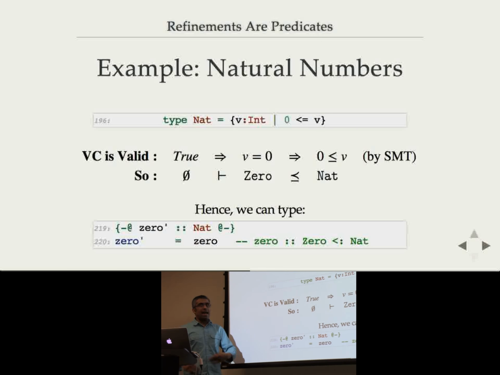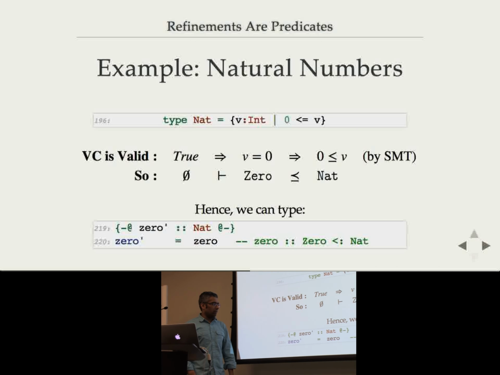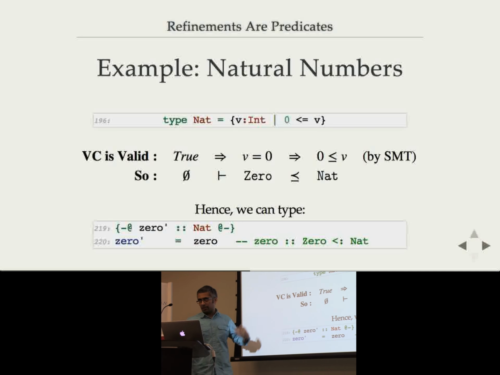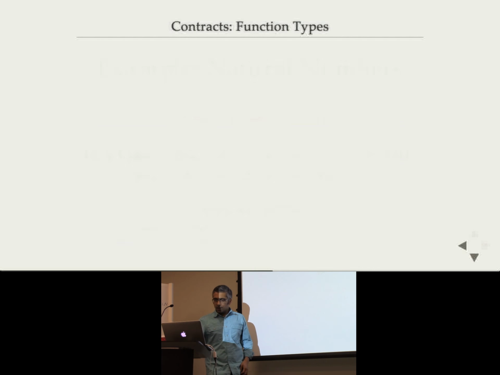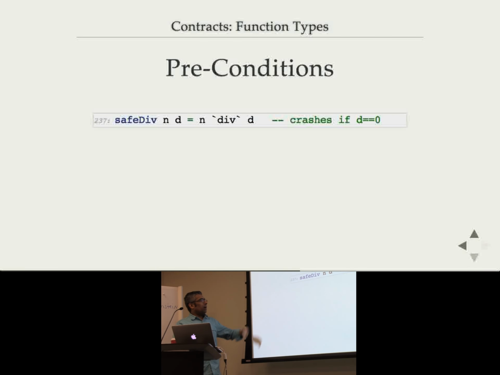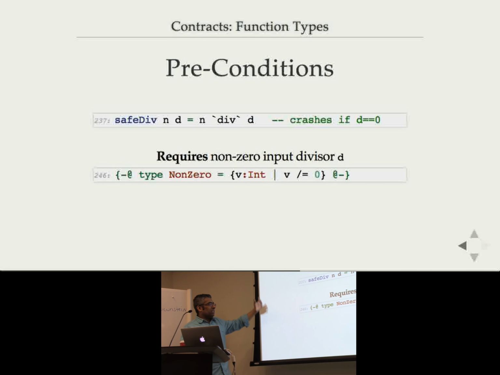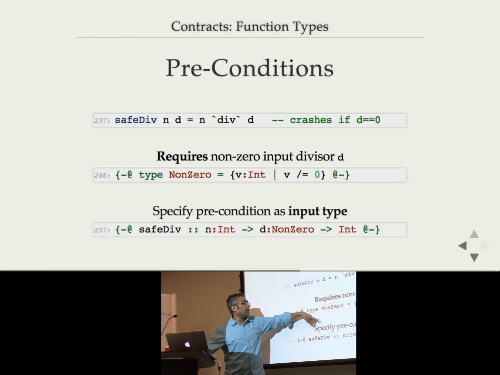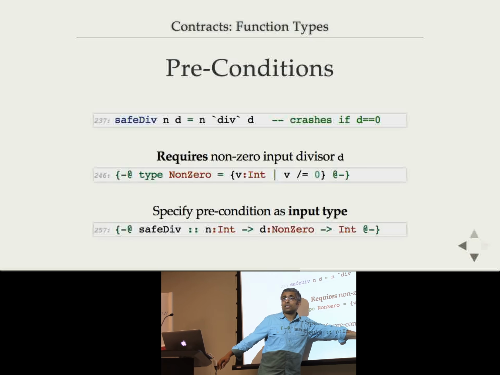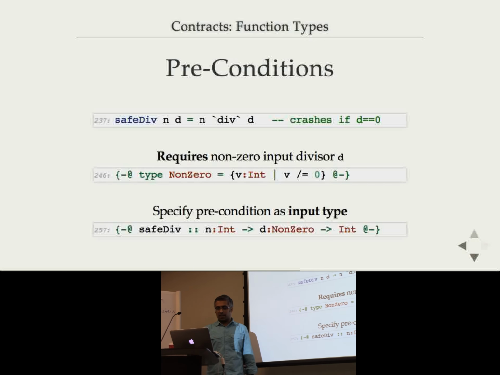Now you can replace Nat with even or greater than -5, and the same sort of logic works. I showed you this example already, right? We have this safeDiv, and I have this non-zero. Think of it as a precondition: the divisor d has the precondition that it is non-zero.